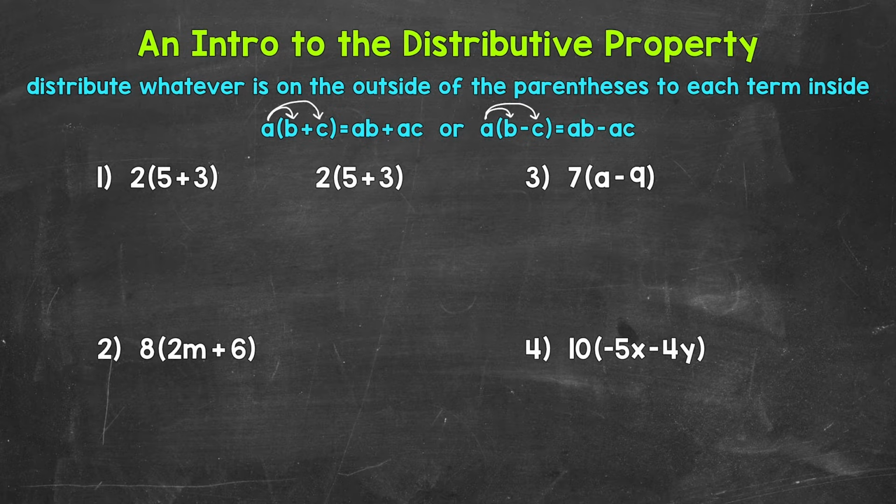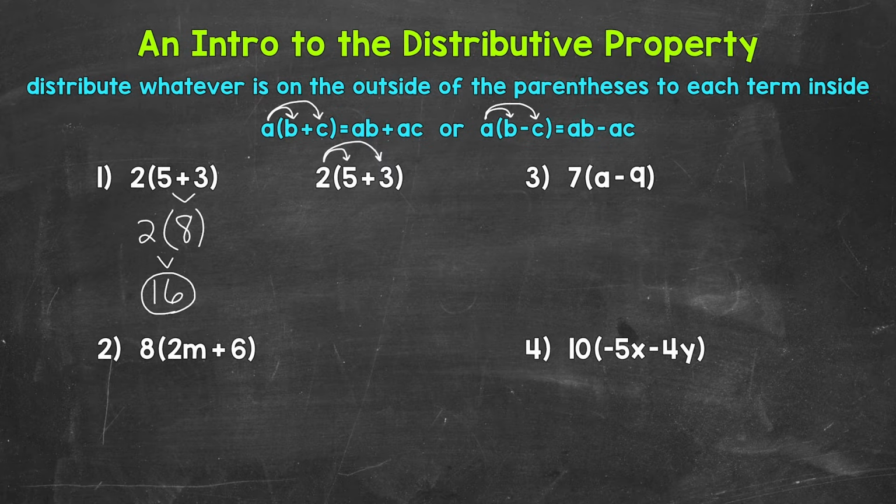Let's start by using the order of operations and doing what's in the parentheses first. We have 5 plus 3, which is 8. Bring down the 2. And now we have 2 times 8, which is 16. Now let's use the distributive property and see if we still get 16. So we need to take that 2 on the outside of the parentheses and distribute it to the 5 and to the 3.